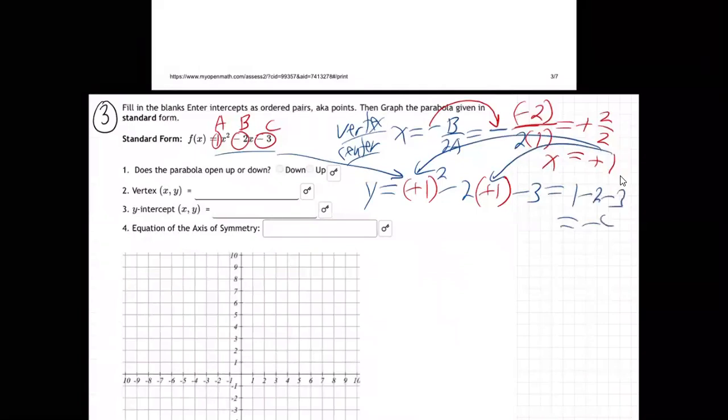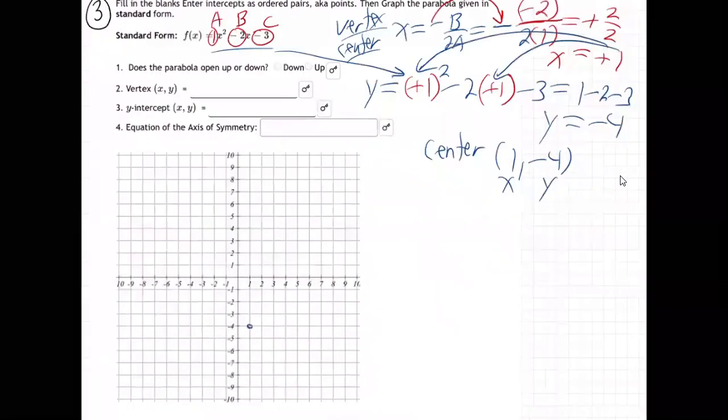What's that? Minus 4. Yeah, y is minus 4. So the center of the U shape, called the vertex, is 1, minus 4. That's the x and the y. So over 1, down 4. There's the center, the vertex of this parabola.